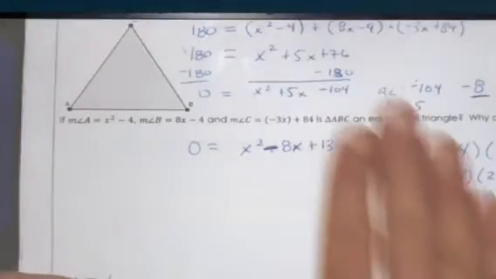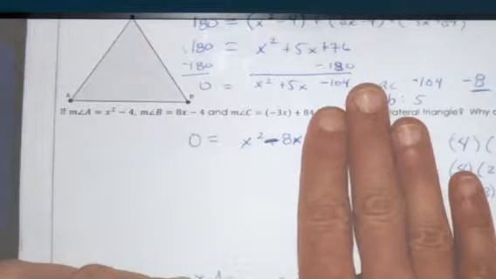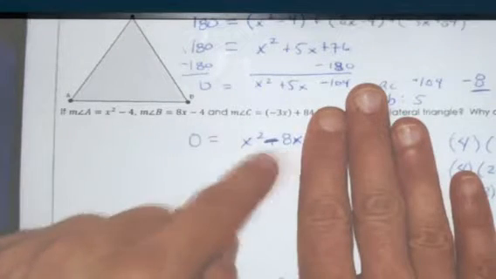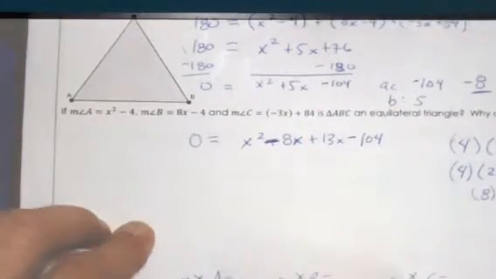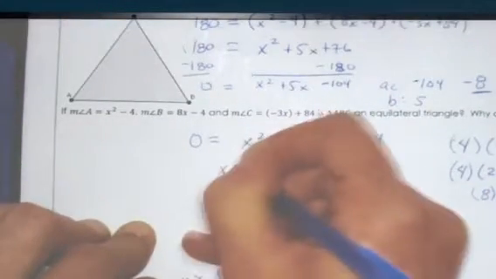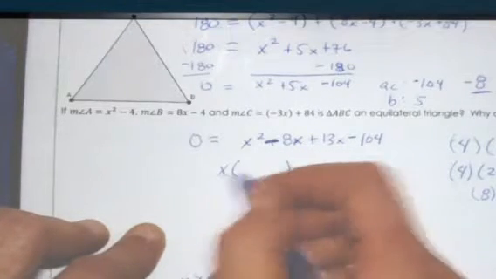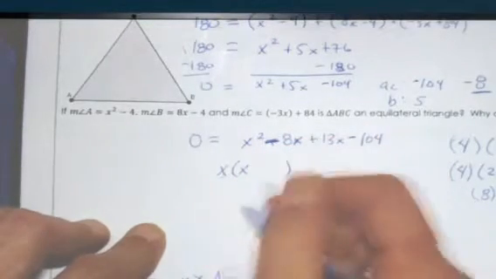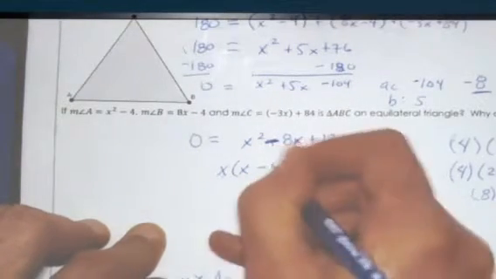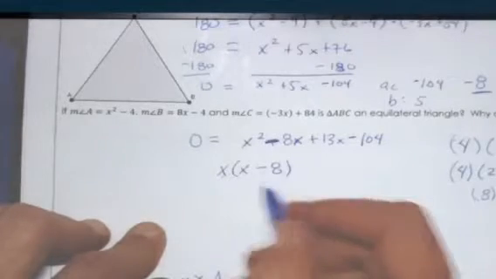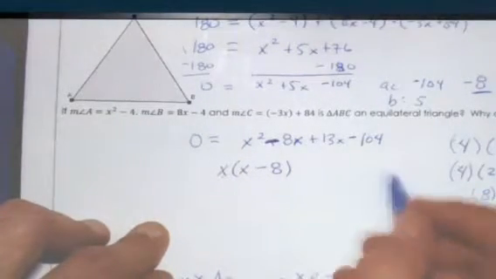So now I'll look at the first two terms, x squared minus 8x, and see what I can factor out. And I can only take out one x. If I divide by x here, then I have x times something equals x squared, so that's x. Then I have x times something equals minus 8x, that's minus 8. And you'll remember that if we do this correctly, we're going to get a matching x minus 8 over here.